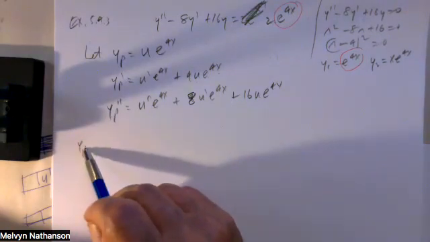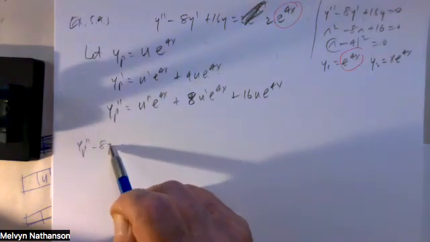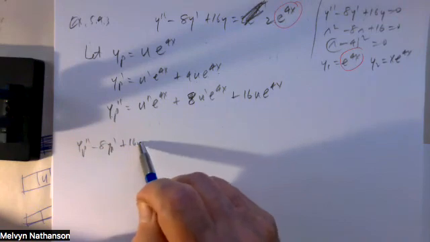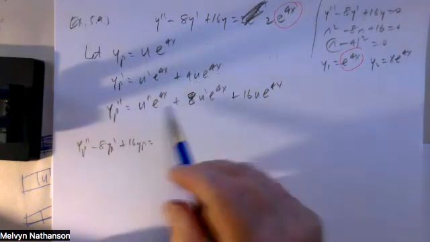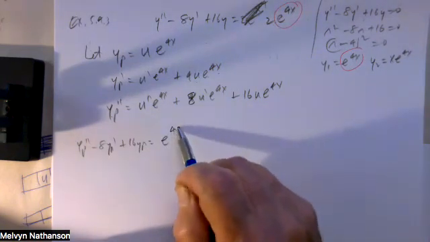So let me plug these into my differential equation and see what I get. y_p'' - 8y_p' + 16y_p is going to be equal to this. Let me factor out an e^(4x).